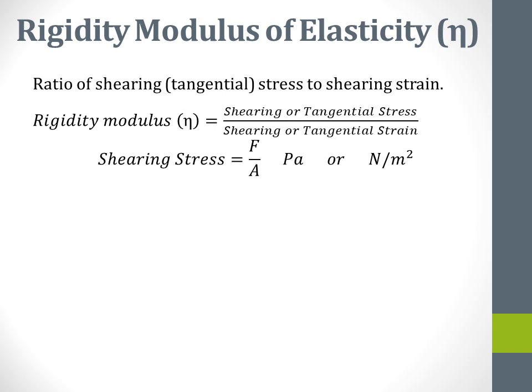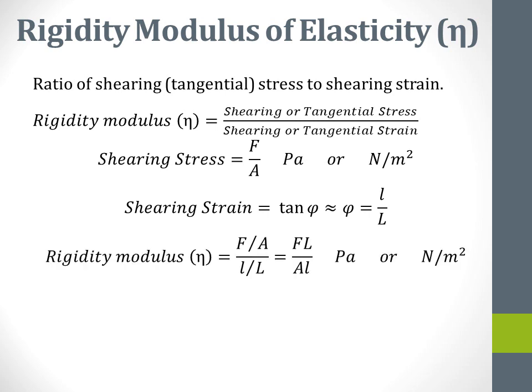Substituting for the shearing stress as F by A and the corresponding shearing strain by tan phi, where phi is very small and approximated to phi, we have the rigidity modulus finally equal to Fl by Al, and the unit given is Pascal or Newton per meter square.